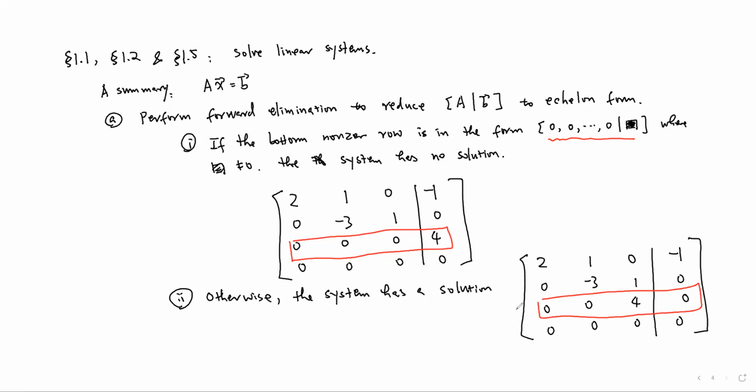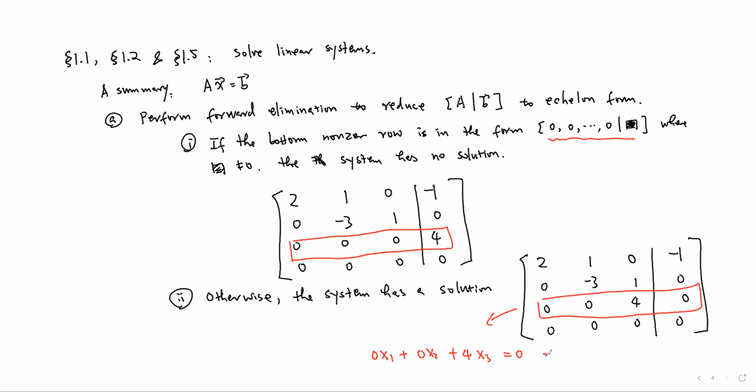So the linear system has a solution. If you write row 3 as an equation, it is 4 times x3 is 0. This equation has a solution.